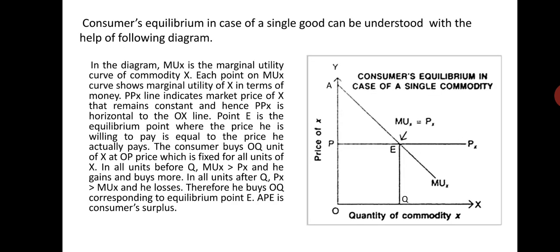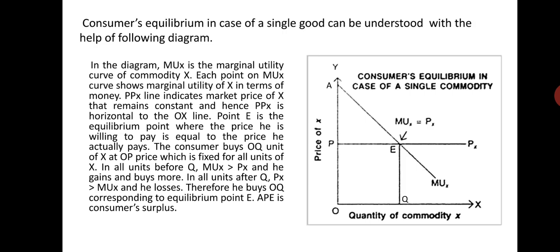Next, you see the diagram given below, just to clarify the equilibrium condition in case of a single good. In the diagram, MUX is the marginal utility curve of the commodity X. Mark here, MUX given in the side diagram.